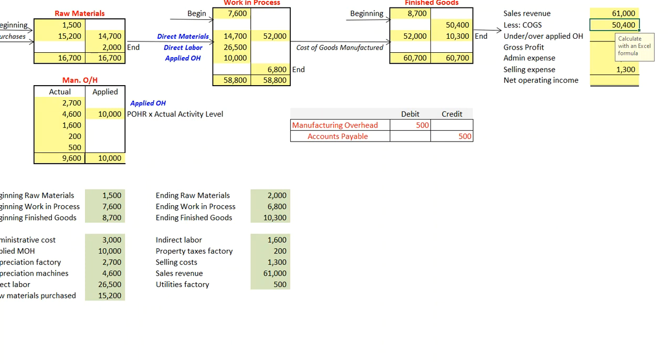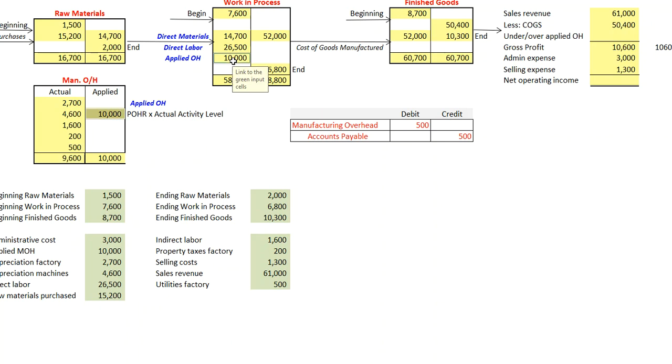Sales minus cost of goods sold gives us a gross profit of $10,600. And I'm going to put that right over here for just a second, because we're going to need to talk about how this $10,600 might change. One of the things we noticed was we actually incurred $9,600 in overhead, but we had charged $10,000 to work in process.